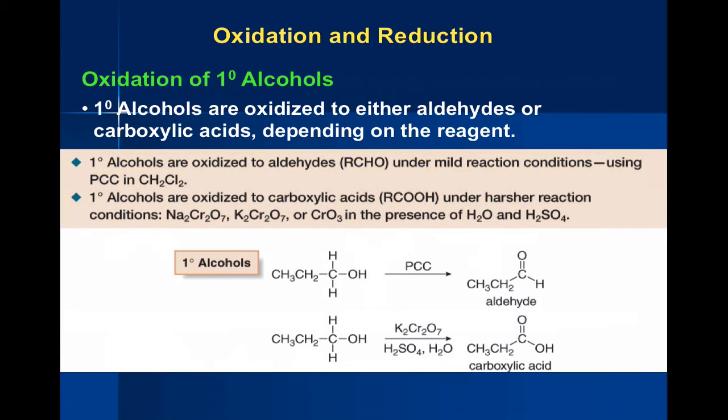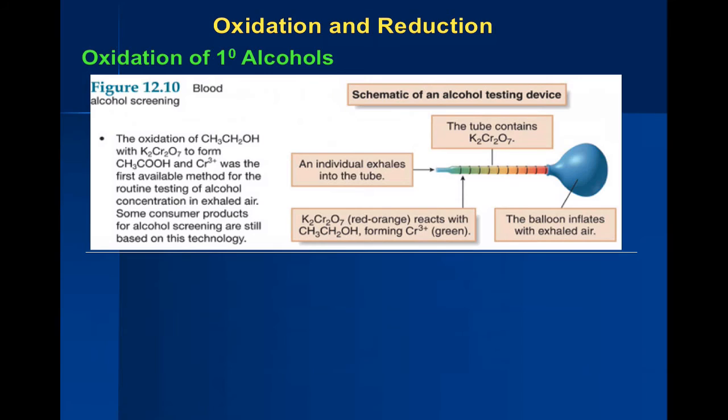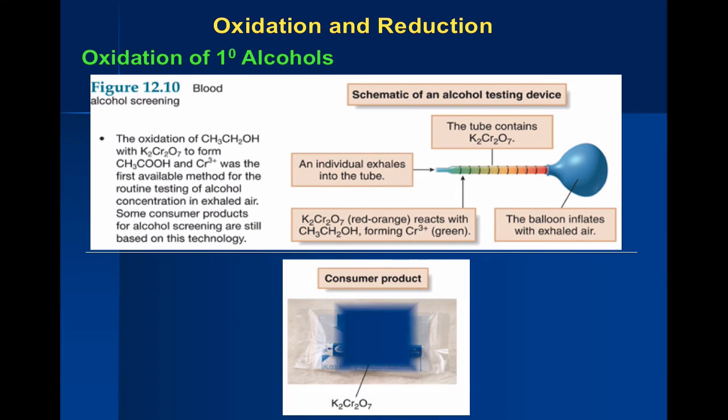So we'll finish up with this on Friday, but I wanted to mention real quick where this was useful many, many years ago. Chromium salts, if you've ever seen them, are kind of a reddish yellow, orangish color. And they used to use these as breathalyzers, okay?